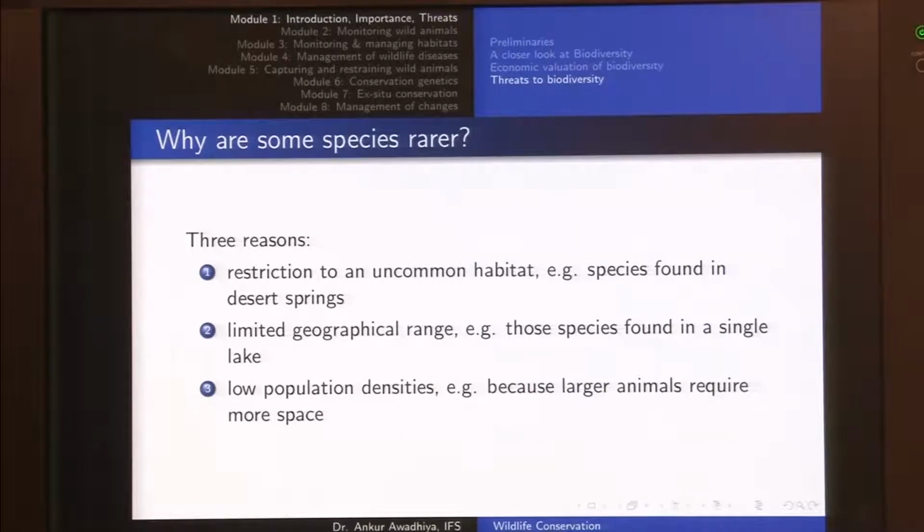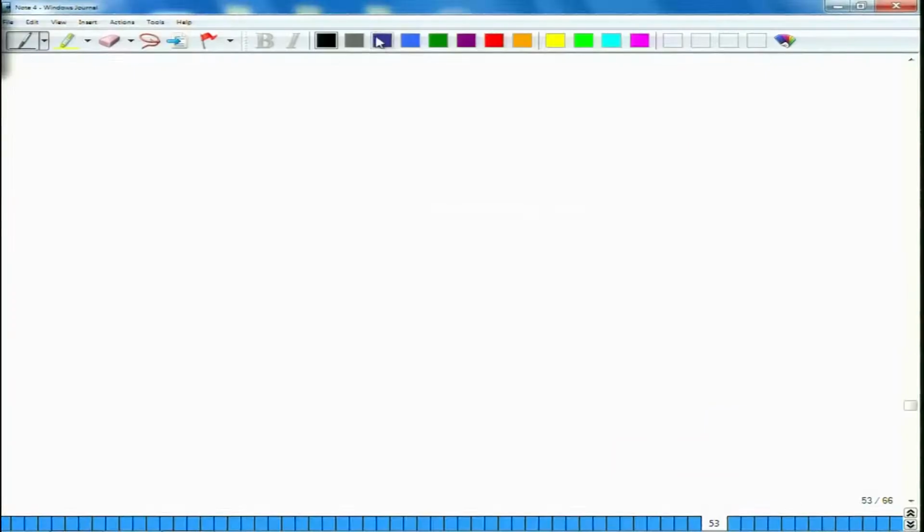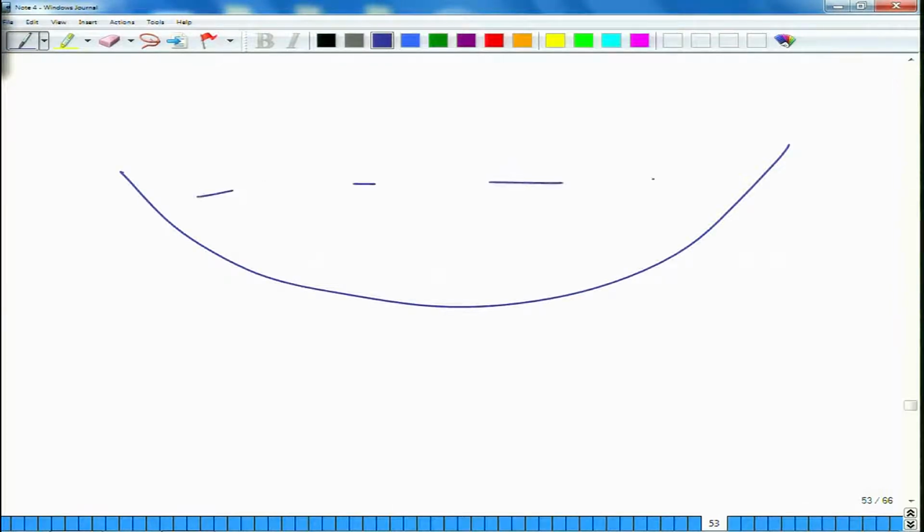Examples include those species that are found in a single lake. So, for instance, in the case of aquatic species, suppose there was a large lake, and because this lake had a large size, it had a number of species. Now through diversion of water, we are taking water out, and then this lake is now left only to this much area.